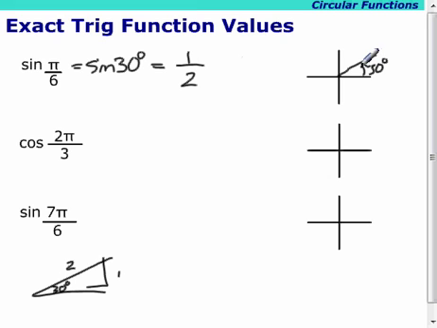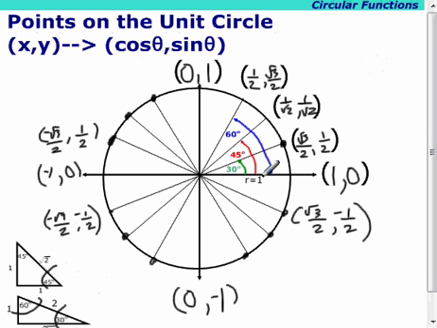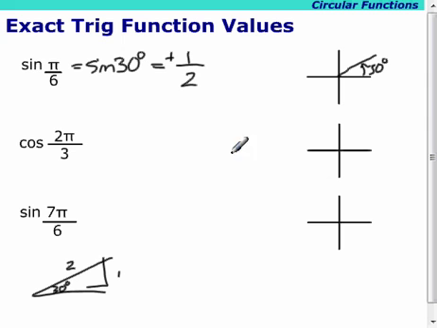I'm in quadrant 1 and y is positive there, so this will be a positive 1/2. I could have, if I wanted to, gone back to that unit circle. So 30 degrees is right here, and the value of sine is the second coordinate in that point, which is a half, like we saw.